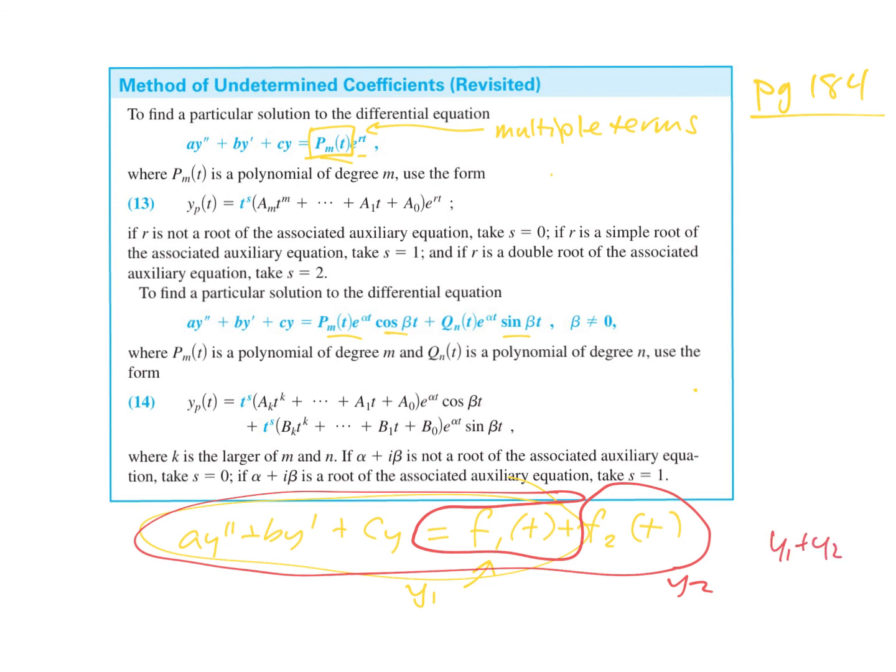So you just break it apart. I'll do some examples in class. I'm not going to do a bunch of examples here. But see examples in the book, and then do lots of practice in the homework.